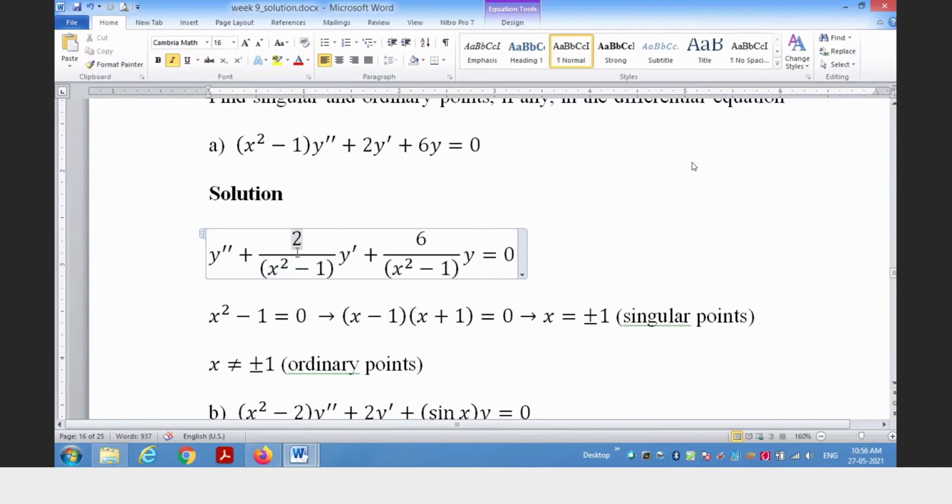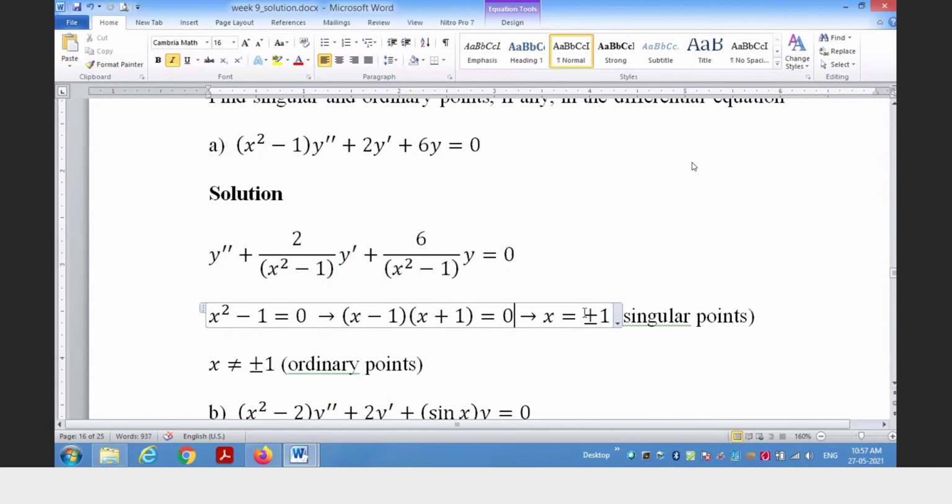That means x squared minus 1 equals 0, which implies (x minus 1)(x plus 1) equals 0, meaning x equals plus or minus 1.